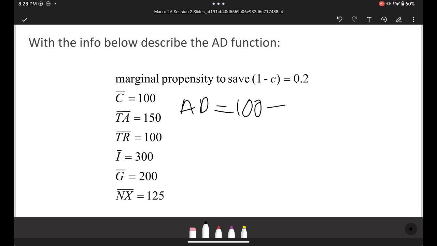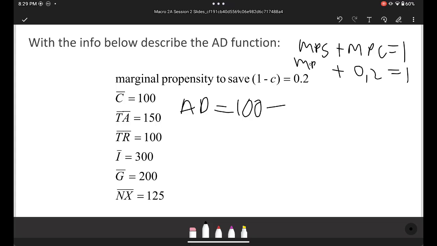Okay, we got a problem here. MPC plus MPS is equal to 1. So if they gave you MPS, which is 0.2, we need MPC, because we need MPC to be small c here.